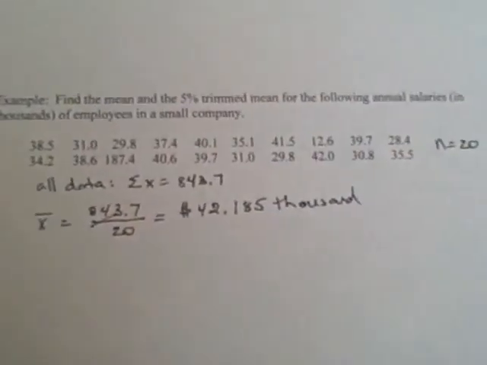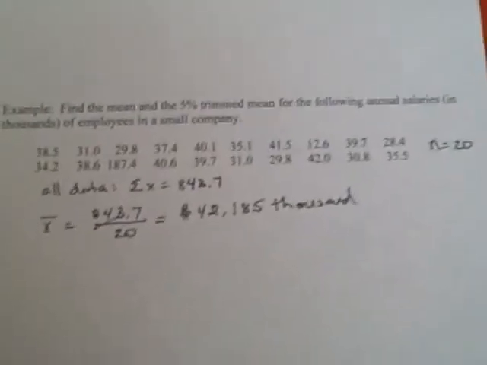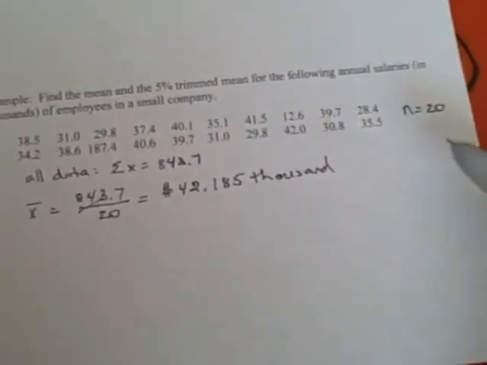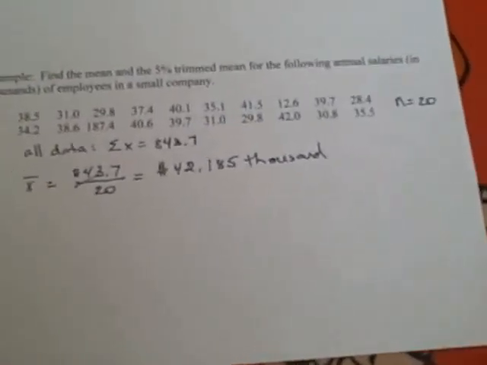So we're going to find what's a 5% trimmed mean. So we're going to get rid of 5% of the data values on the top as well as the bottom. So we have 20 data values. So the first thing we need to do is find 5% of 20.